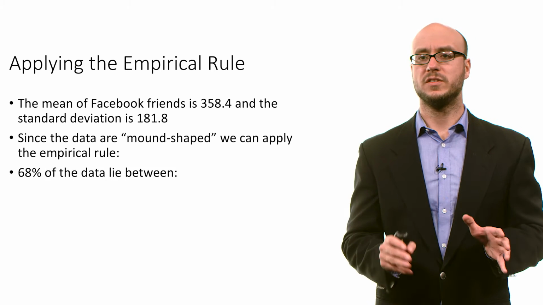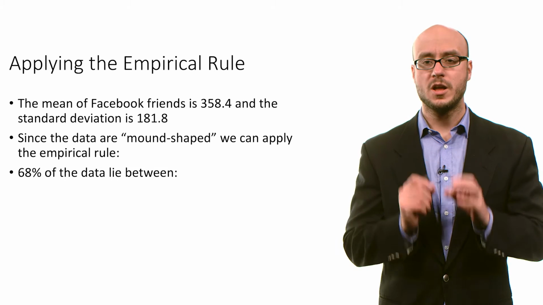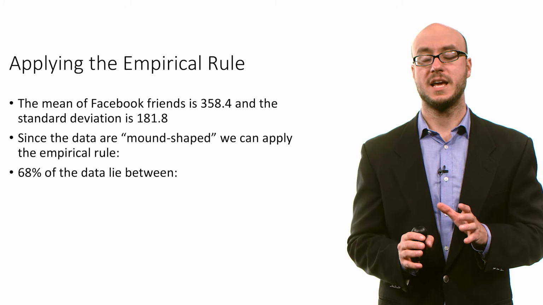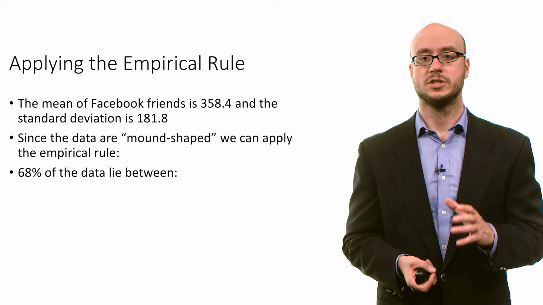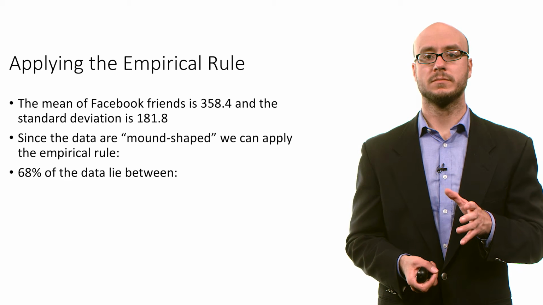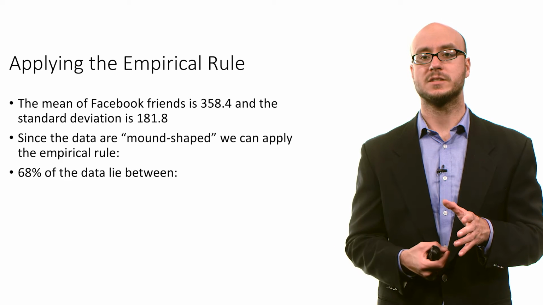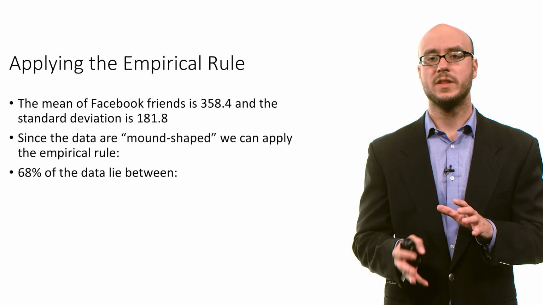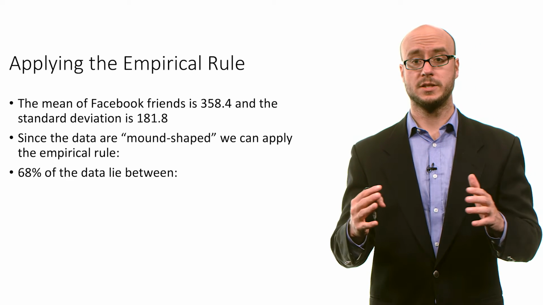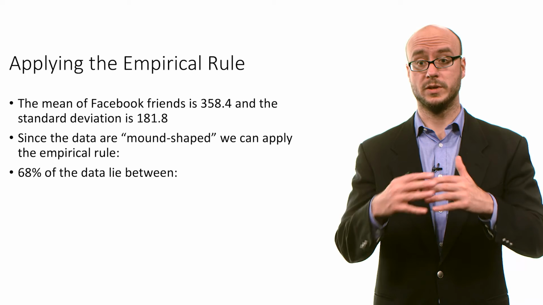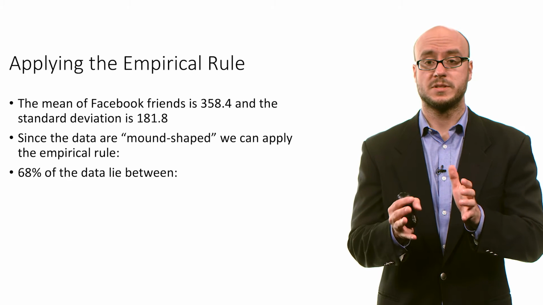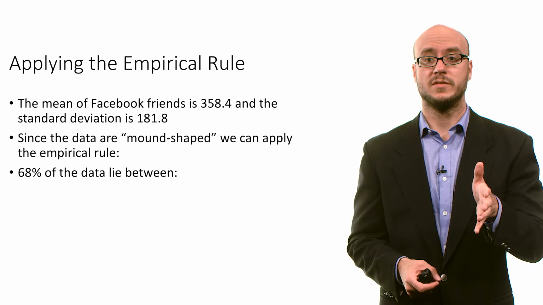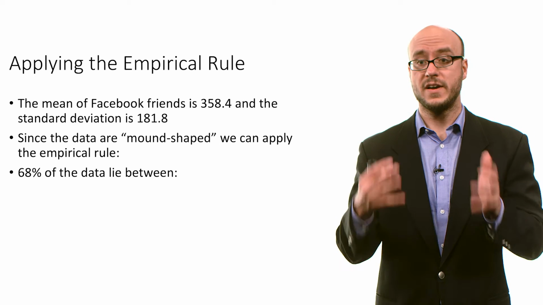Since the data are roughly mound-shaped and symmetric, we know that 68% of the data lie within one standard deviation. So we can construct an interval. You take the mean, you add and subtract the standard deviation, and we know that a good chunk of the sample, we could say people, about 68% of people have between 176 and 540 Facebook friends.